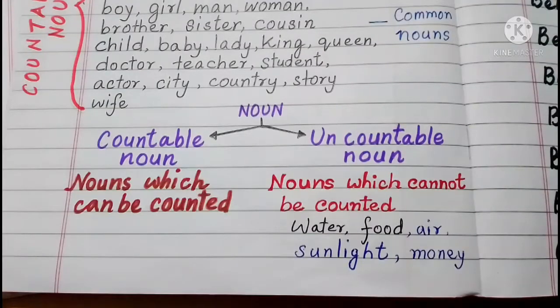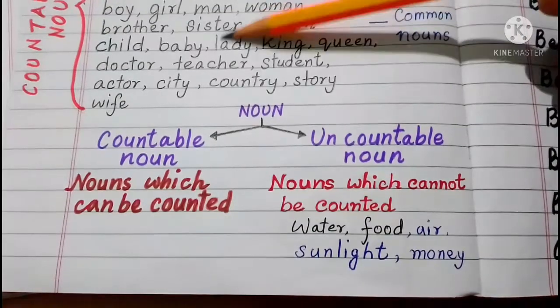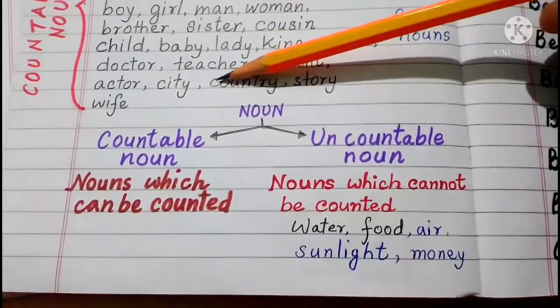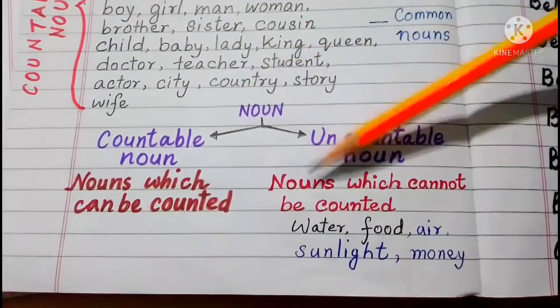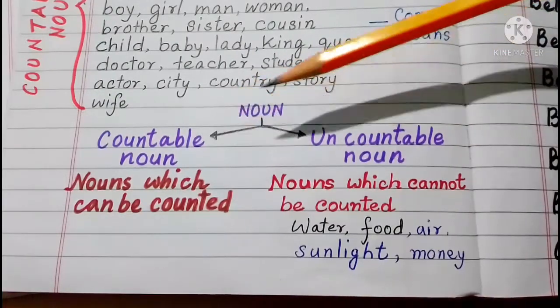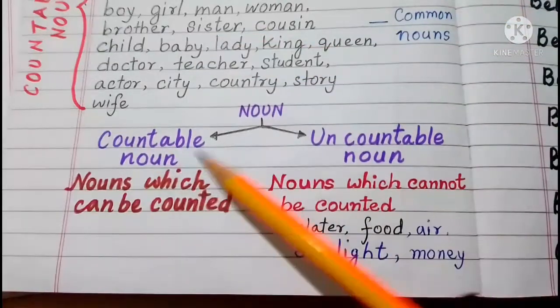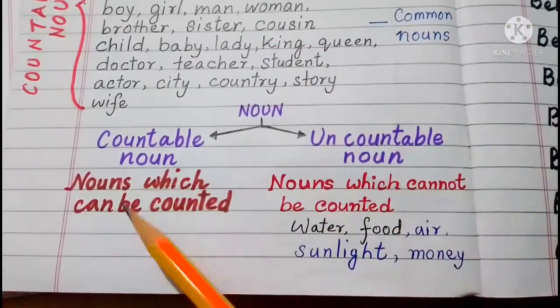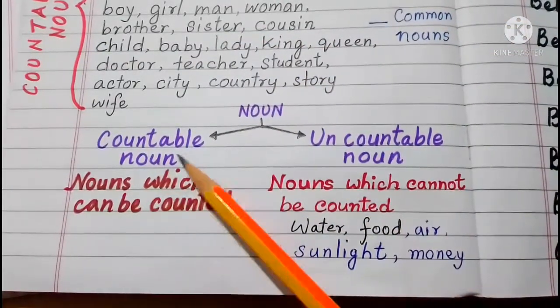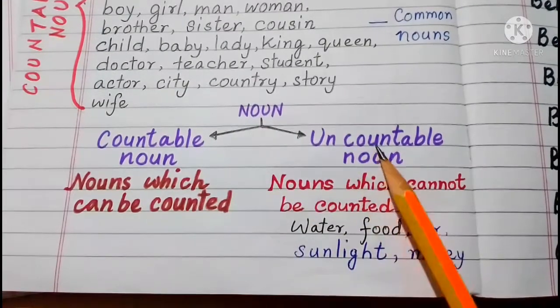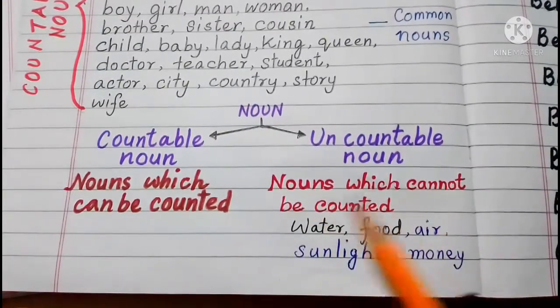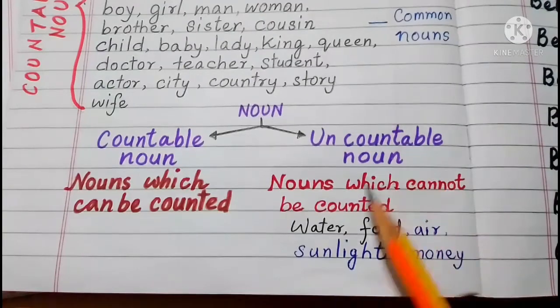We can see that some nouns you can count, and some nouns you cannot count. On that basis, nouns can be divided into two categories: countable nouns and uncountable nouns. Nouns which can be counted are countable nouns, and nouns which cannot be counted are uncountable nouns.